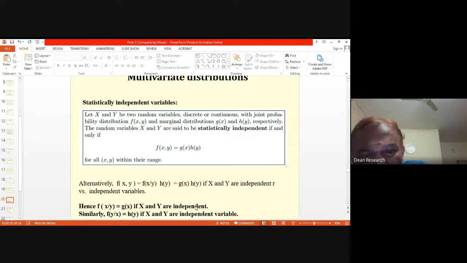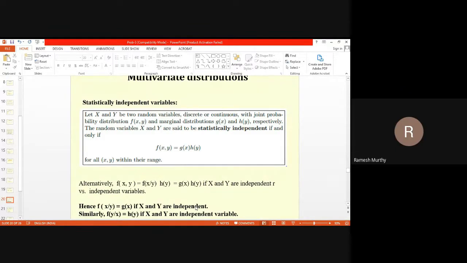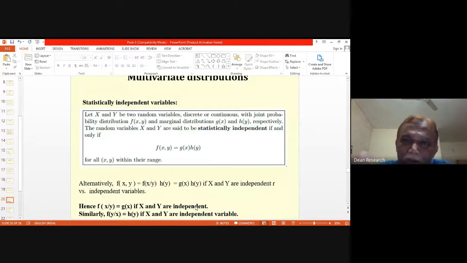From correlation we will move on to regression and regression equations, basically regression analysis, whatever is there in the syllabus. I'm trying to put all the things together so that you will have continuity when you study.